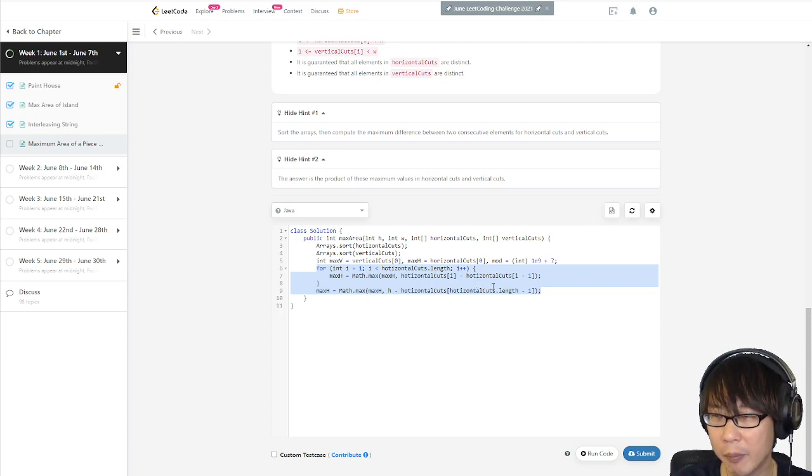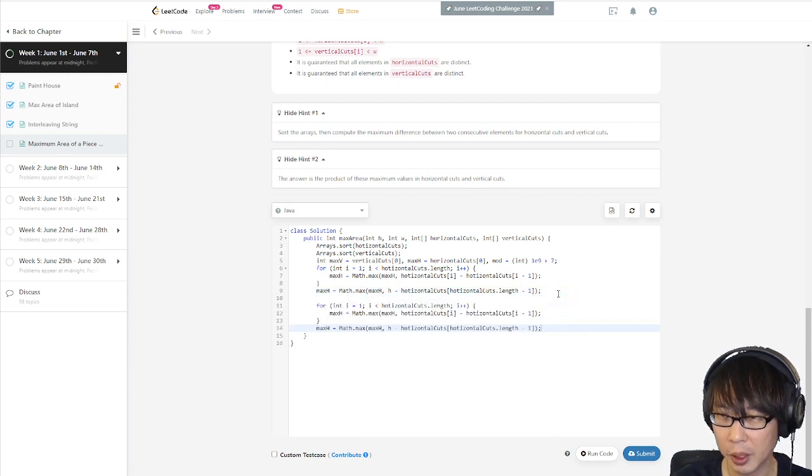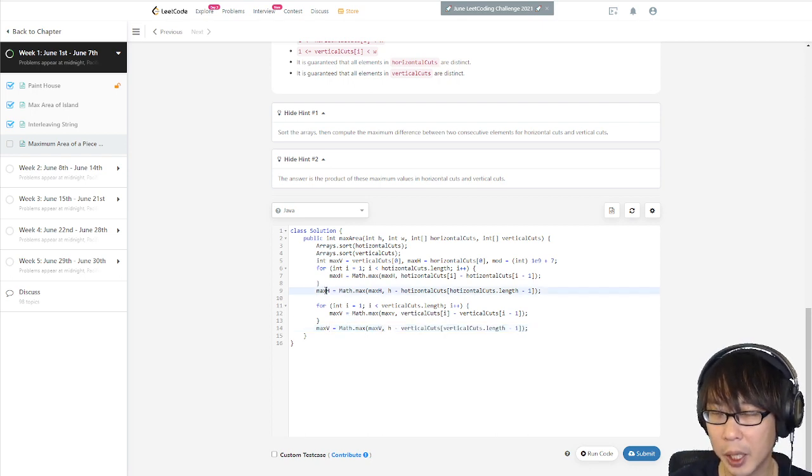Okay, so the same thing we are going to do is just copy the entire thing and change it to vertical cuts. So everything changed to vertical. Then we got both this and that. And now we can return.